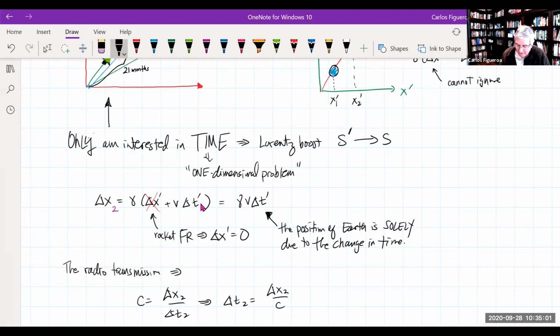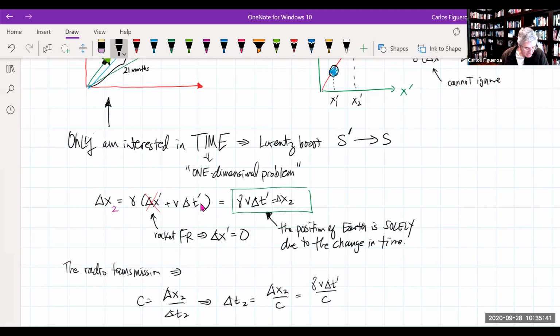And now that I have delta x2, this is the guy that I'm going to bring down here. This is the position of the Earth solely due to the change in time between those two space-time events. So when I plug this in, I'm going to get gamma v delta t prime over c here.